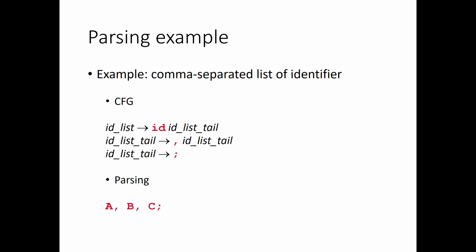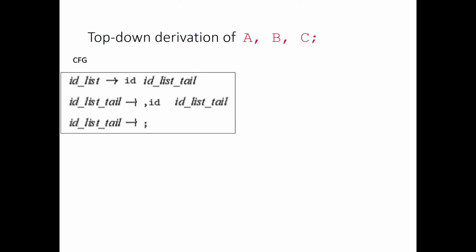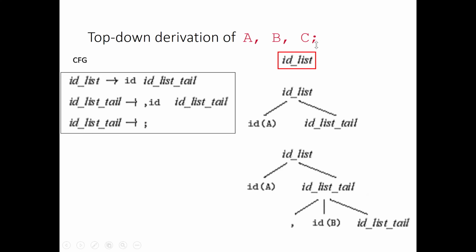For that, we are going to discuss a small example using a comma-separated list of identifiers and do a small derivation. This is an example of top-down derivation. Here, the context-free grammar is: ID list goes to ID, ID list tail; ID list tail goes to comma ID list tail; and ID list tail goes to semicolon. The given input is A, comma, B, comma, C, semicolon. We are going to draw a top-down derivation. The ID list goes to two things: one is ID, and another is ID list tail.